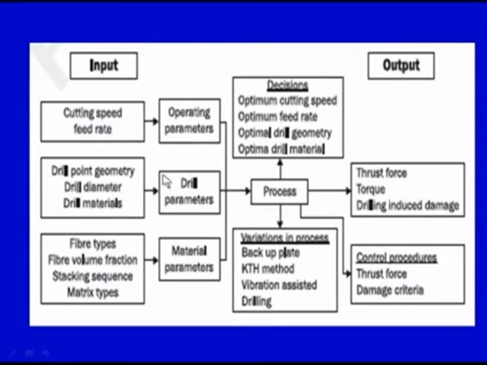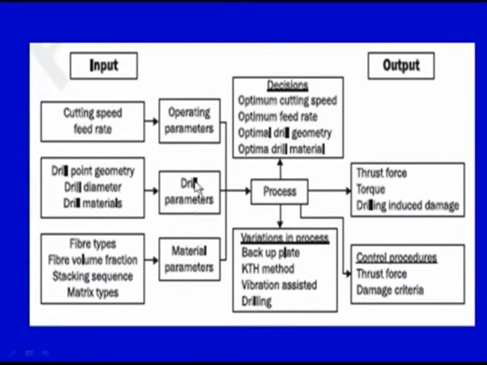So basically the second input that is going into the process is related to the cutting tool. The first input that is going into the process is related to the machine tool. Basically we have a drilling machine, and in the drilling machine we can control two parameters, that is cutting speed and feed rate. So the first input is related to the machine tool, the operating variables of the machine tool.